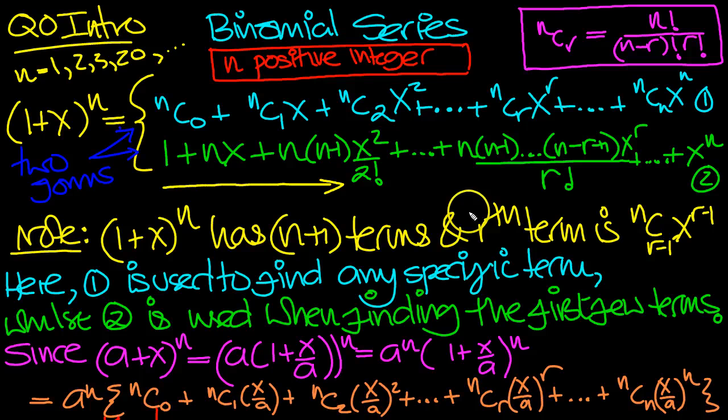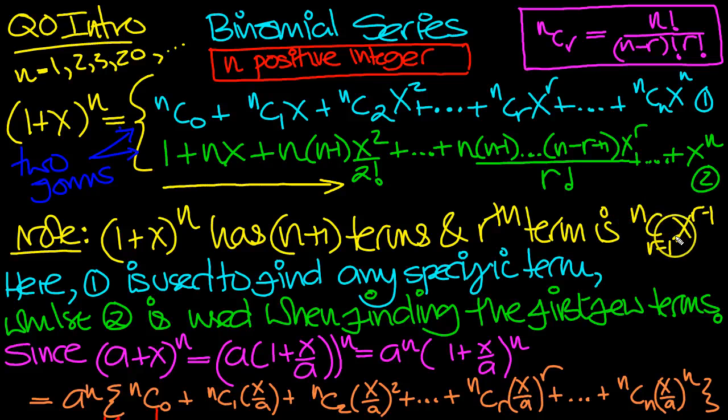So the rth term, if you're asked to find the rth term, they're arranged in this order of ascending powers of x. So the rth term would be the term where the power is 1 less than r. So it's the x to the r minus 1. And when you look at the pattern, you see the term has to be nC(r minus 1), doesn't it? So there's the term, and that's the rth term in the sequence.